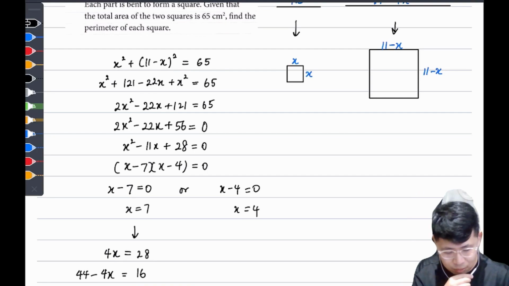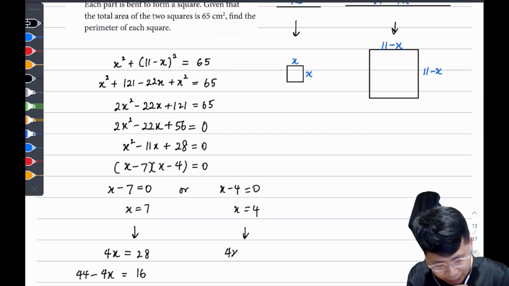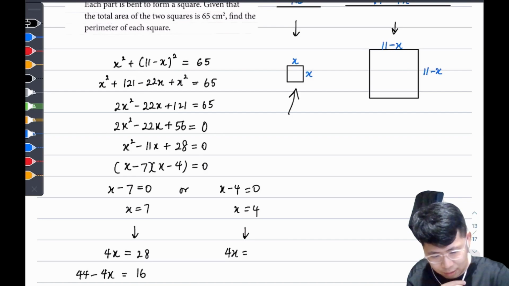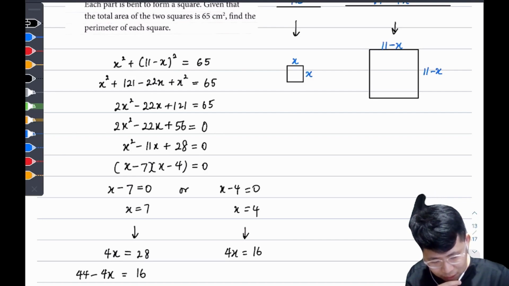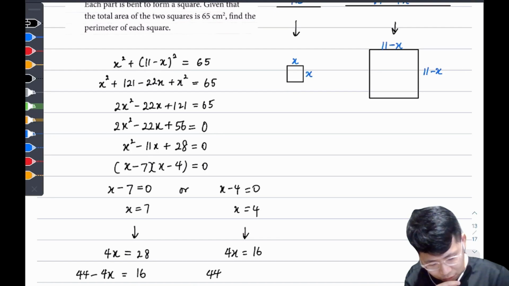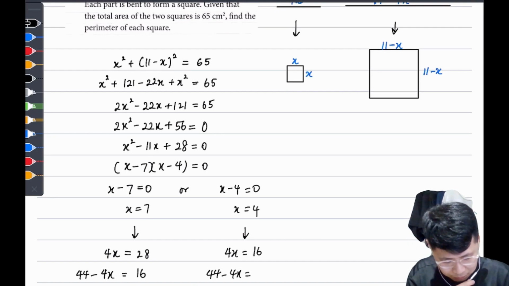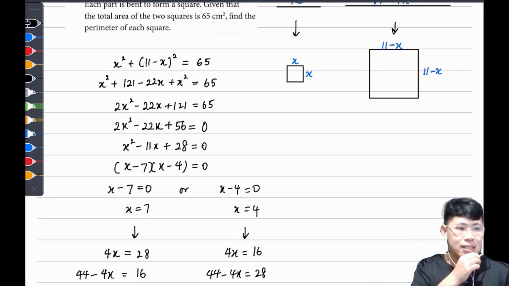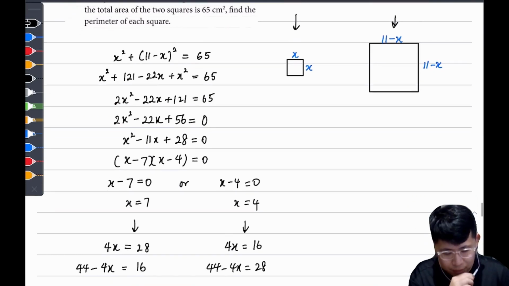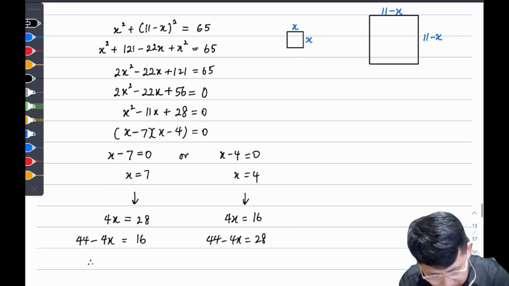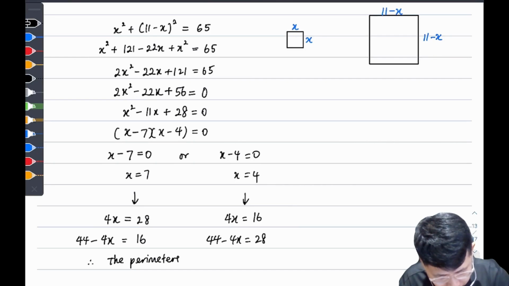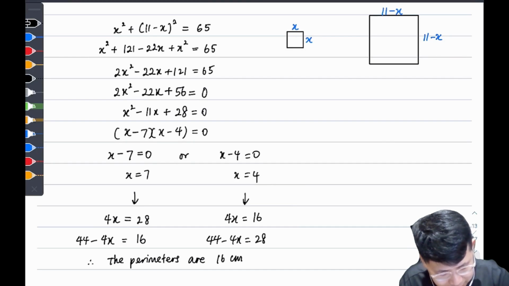Now let's check the other one. 4x, the perimeter of the smaller square, is 4 times 4, which is 16, and 44 minus 16 gives me 28. Just nice, right? The perimeters of the squares, without any change in order, are 16 cm and 28 cm.